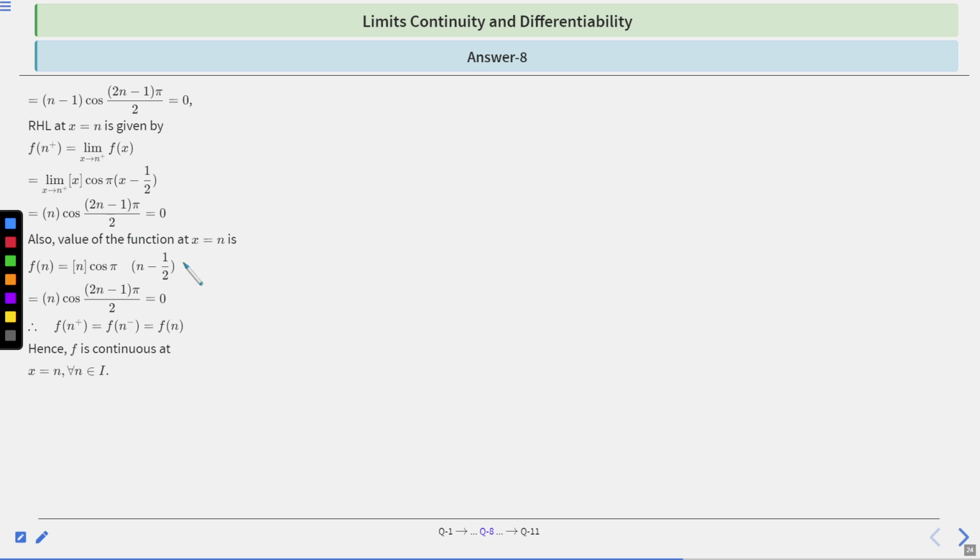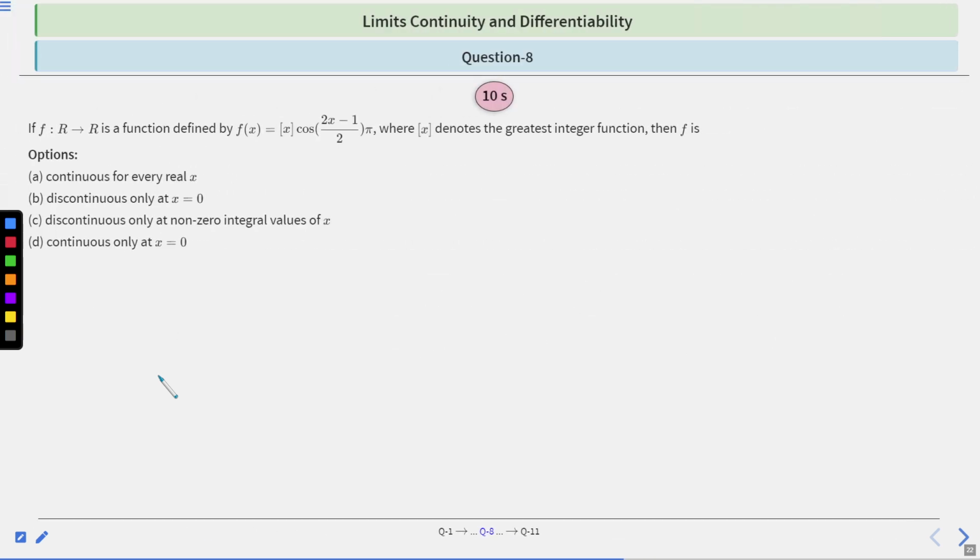Also, the value of the function at x equal to n is f(n), equal to the greatest integer function of n cos (2n minus 1)pi by 2. So f(n) is basically n cos (2n minus 1)pi by 2, which is 0. So f(n plus) is equal to f(n minus) equal to f(n). Hence, f is continuous at x equal to n for all n belonging to I. Clear?